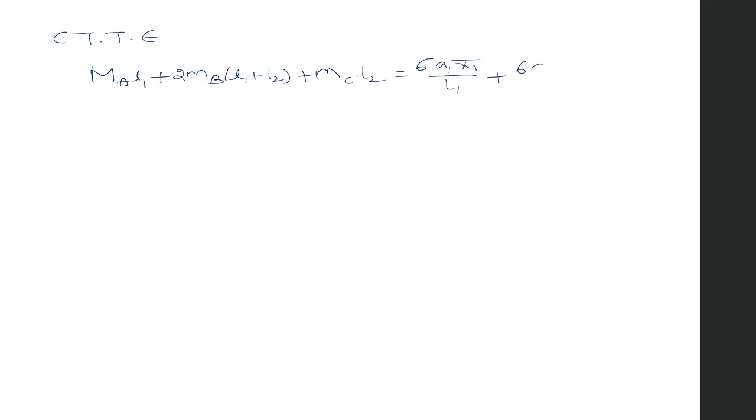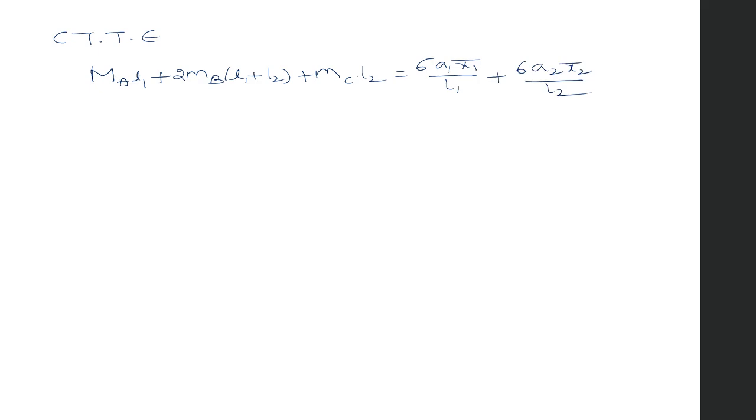Clapeyron's theorem of three moments equation is MA L1 plus 2 MB into L1 plus L2 plus MC into L2 equals 6 A1 x1 bar by L1 plus 6 A2 x2 bar by L2.